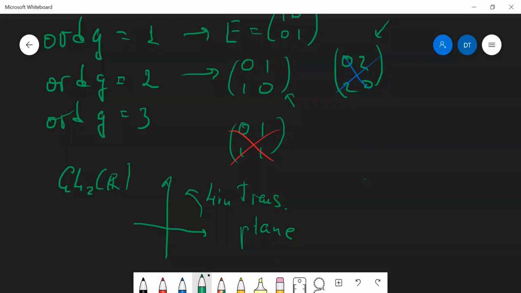Now, when you think of GL2 as the set of invertible linear transformations, you know that there is a rotation transformation. You take the rotation by the angle 2π over 3, and it's given by the matrix which looks like this.